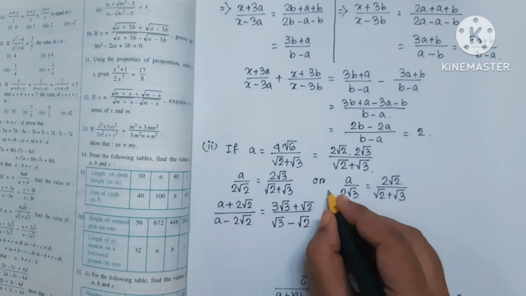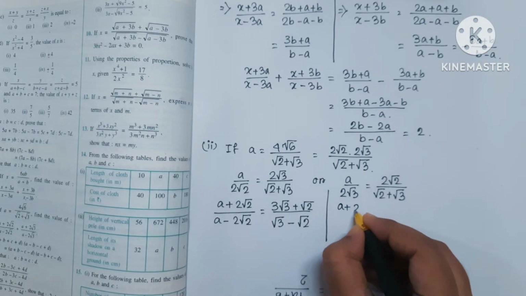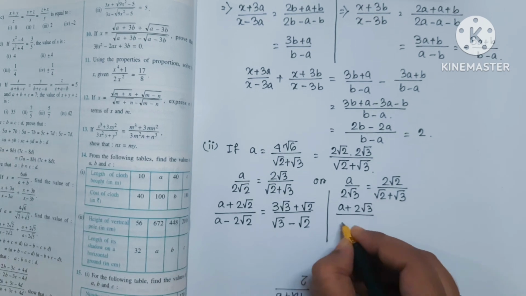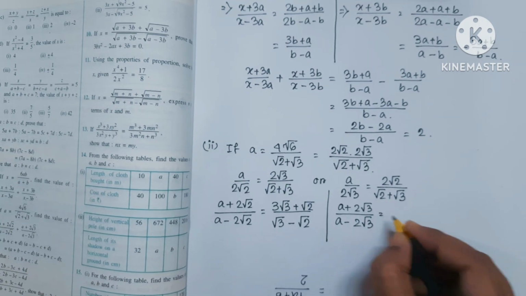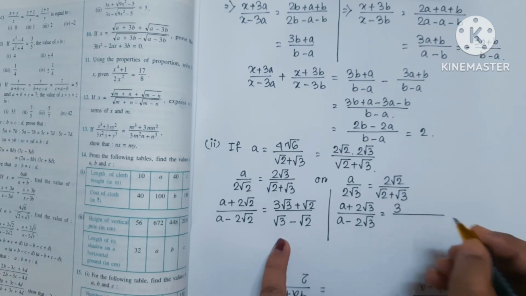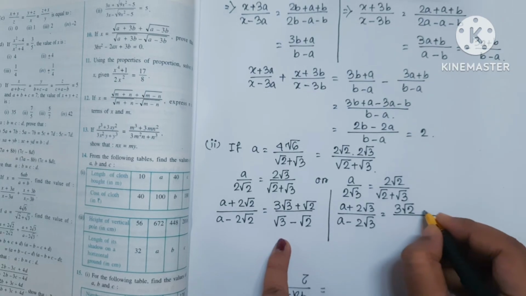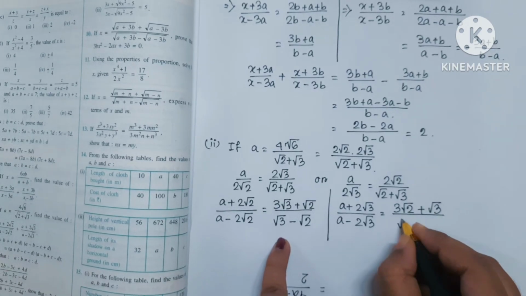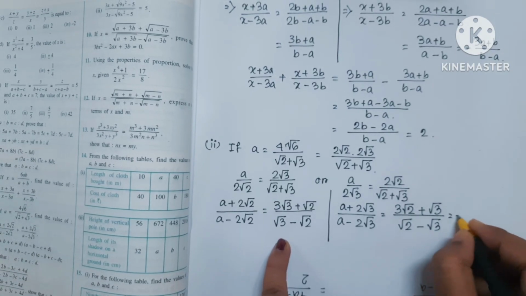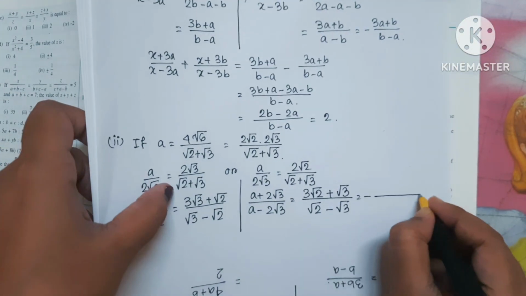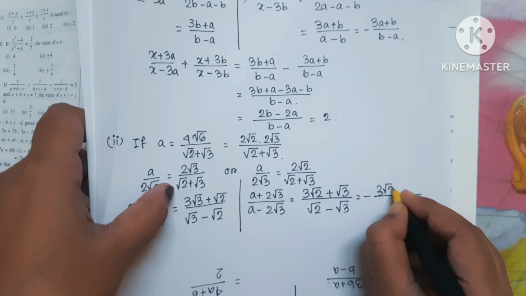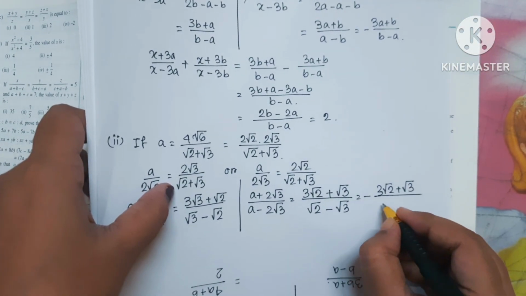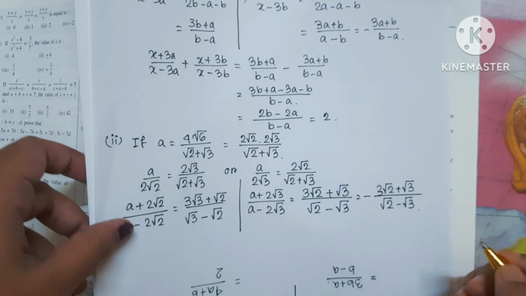Okay. And from here, a plus 2 root 3 by a minus 2 root 3 will give you 3 root 2 plus root 3 by root 2 minus root 3. So you can write 3 root 2 plus root 3 by root 2 minus root 3. Okay.